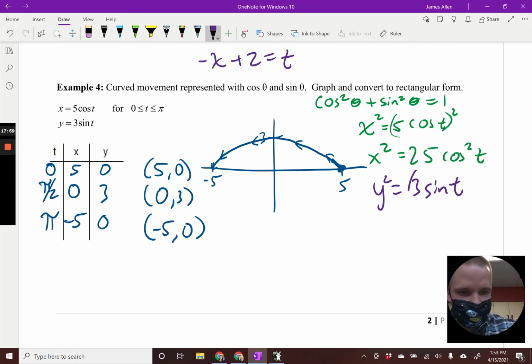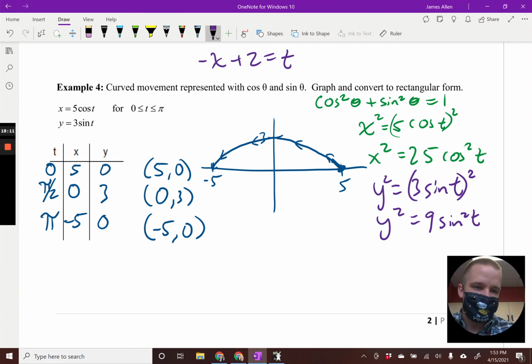I'm going to square both sides. And I get y squared is equal to 9 sine squared t. Okay. Everything we've done so far is totally math legal, right? This is cool. We're good. It's okay. It's wonderful.